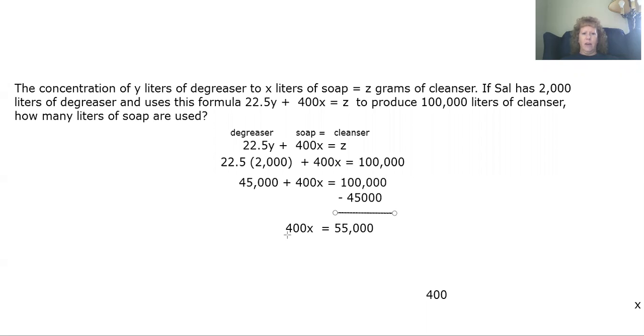And then instead of multiplying by 400, if we divided by 400, x would be equal to 137.5.